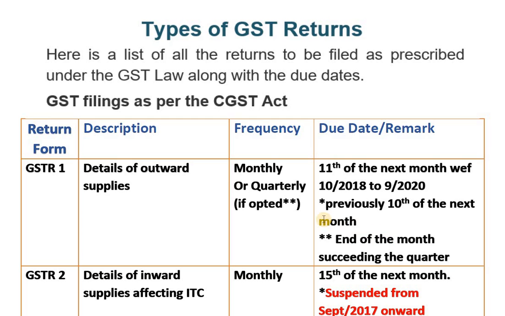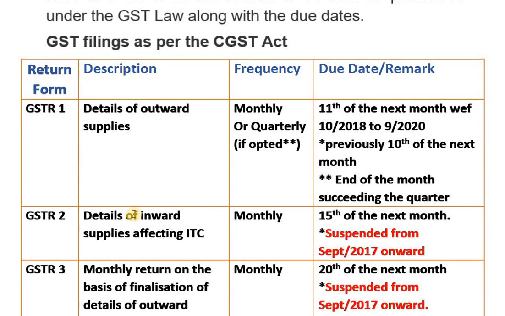And for those who opted for a quarterly return, they will file at the end of the month succeeding the quarter. That means if they file for a quarter ending in March, they will file at the end of the month succeeding the quarter. Clear?